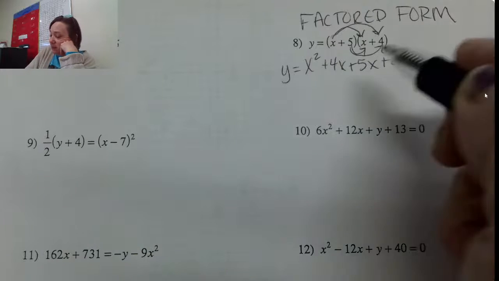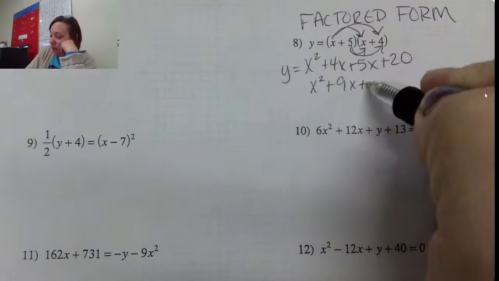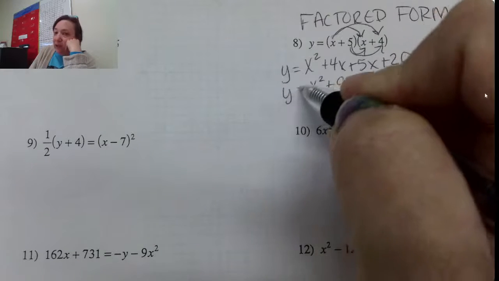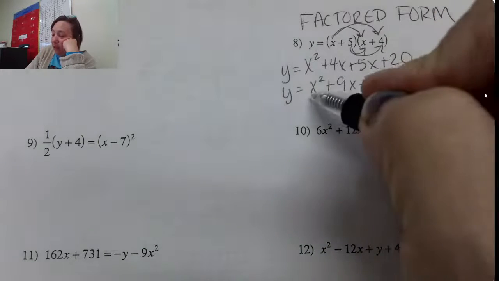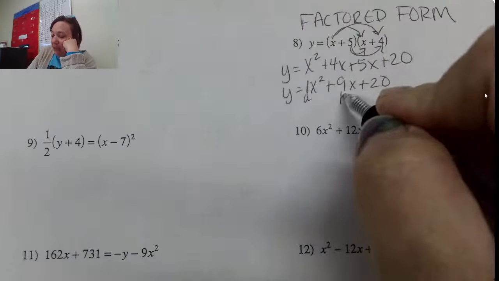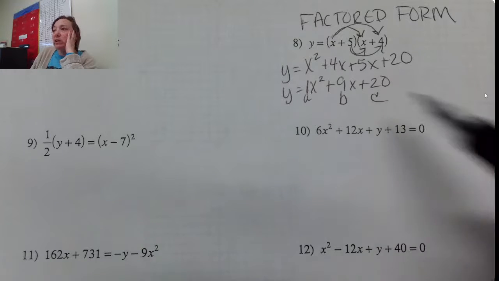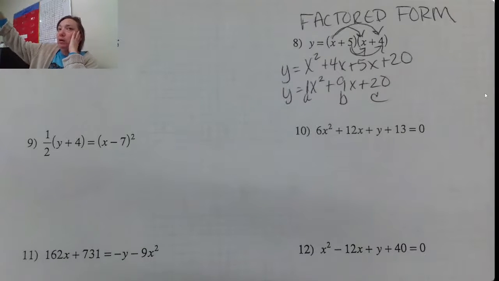And that gives us x squared plus 9x plus 20. Now it's in standard form, and we know that our a is an understood 1, our b is 9, and our c is 20. And we can use this information to now go find our vertex and put it in vertex form, right?